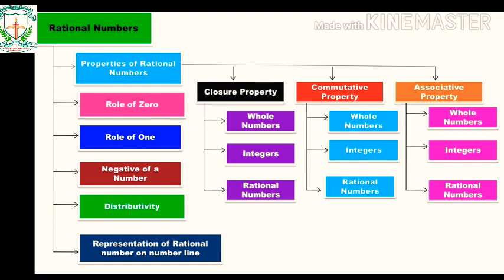Next are role of 0, role of 1, negative of a number, distributivity and representation of rational numbers on the number line. Before we define a rational number, let us try to understand the other number systems.